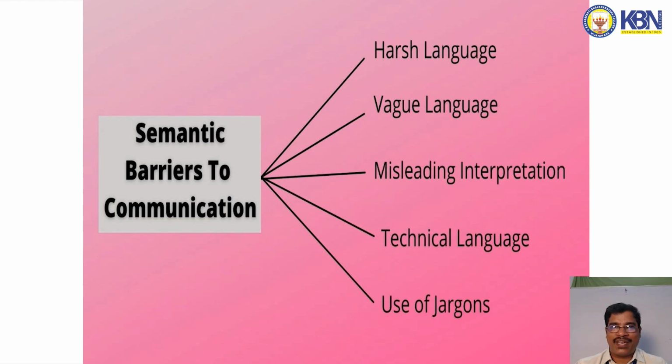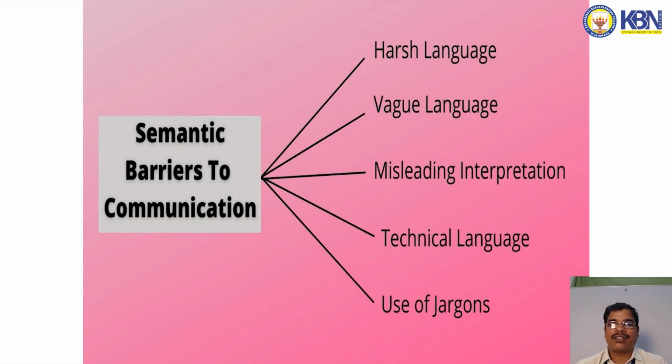So vague language, harsh language, and moreover misleading interpretation. Some people may add some masala to the ongoing topic. When that is going on, it may mislead the audience in interpreting the data. Sometimes misleading language or semantic barriers mislead the interpretations among the receivers also.